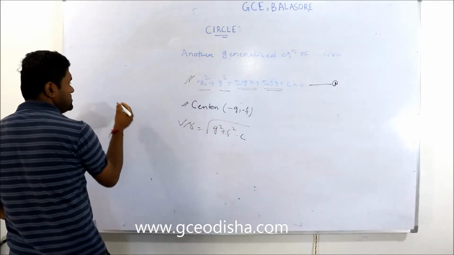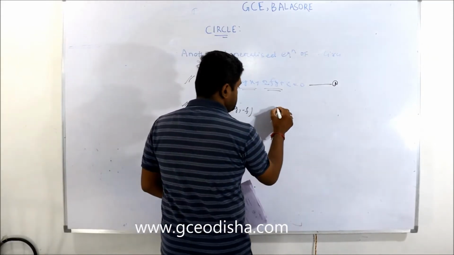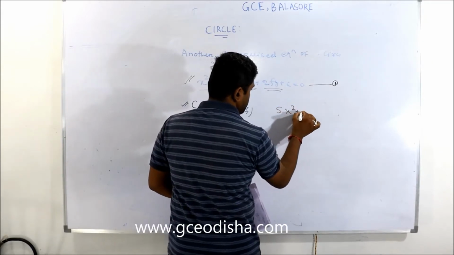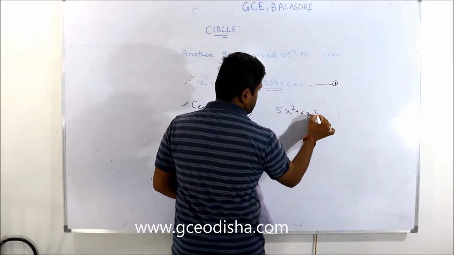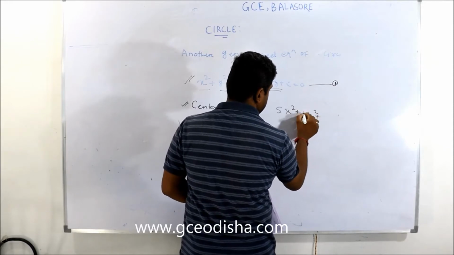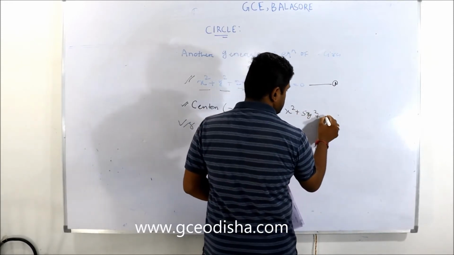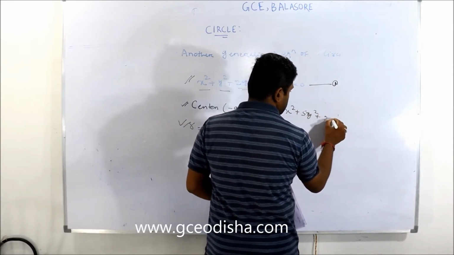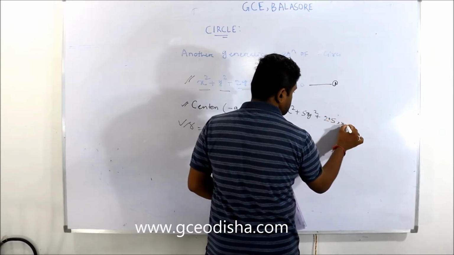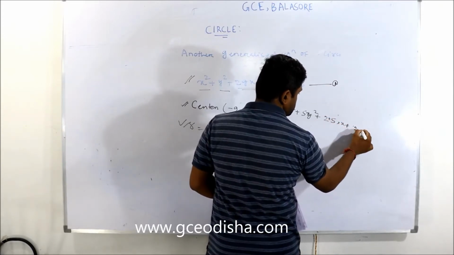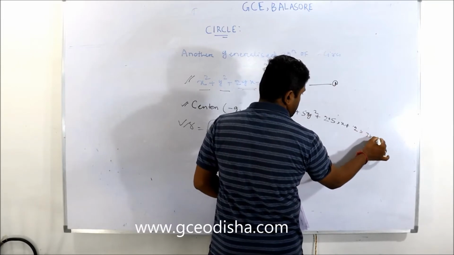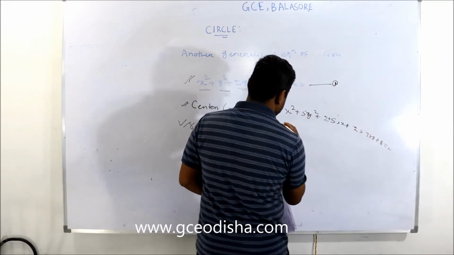Like some equation is given: 5x square plus 5y square plus 2 into 5x plus 2 into 7y plus 8 is equal to 0.